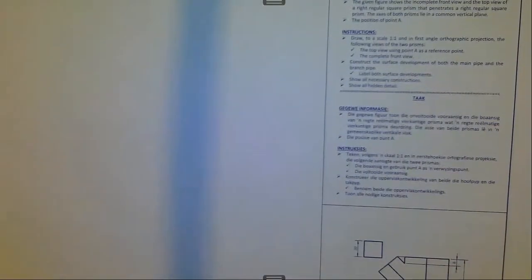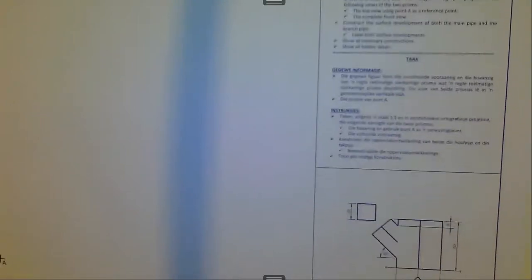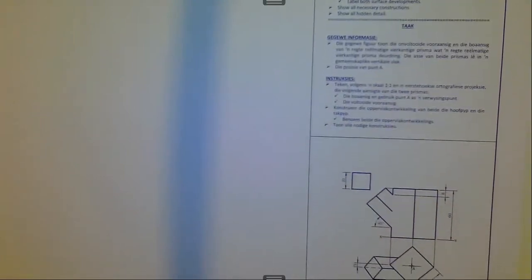Right, the given figure shows the incomplete front view and top view of a right regular square prism that penetrates a right regular square prism. The axes of both prisms do not lie in a common vertical plane, right? There is a misprint there, because if you check on this one, that is what I was just explaining.